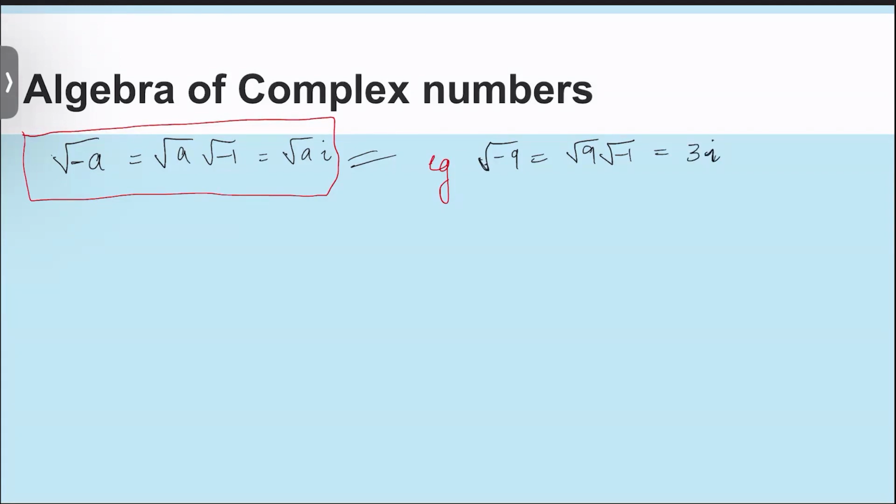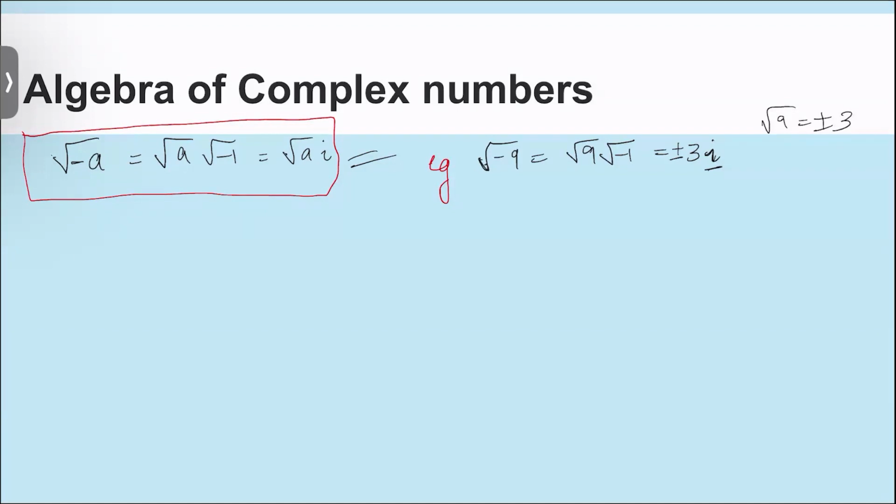Since the square root of 9 can be both plus and minus 3, you can write this as plus minus 3i. So i is always introduced when we have to find the square root of a negative real number.